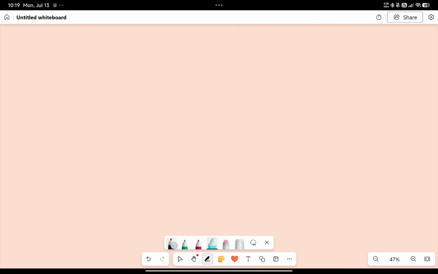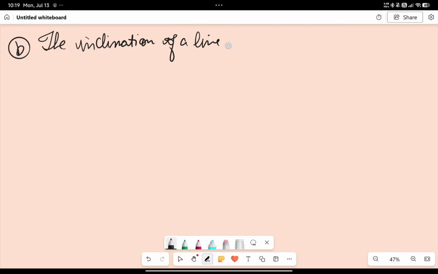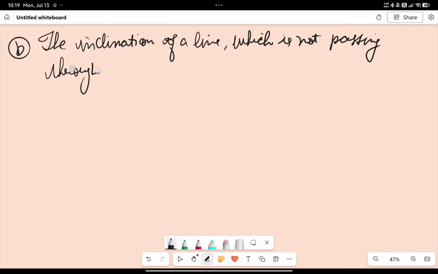Coming to the B part, page number 199, the question is: the inclination of a line which is not passing through origin is 1.